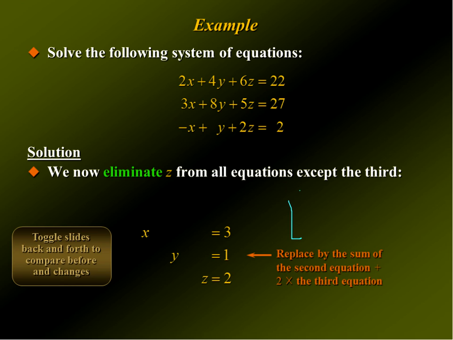It is a matrix like this: 1 0 0, 0 1 0 and 0 0 1, and the augmented matrix column 3, 1 and 2. In class I write like this. So this is the final result that I obtained. It is the same, either I can write like this or this.